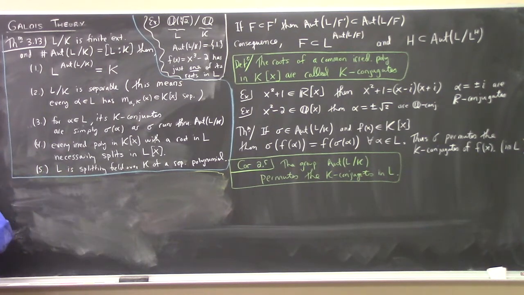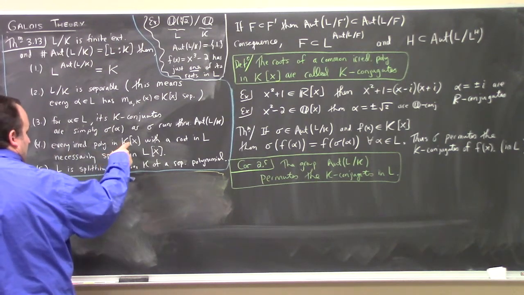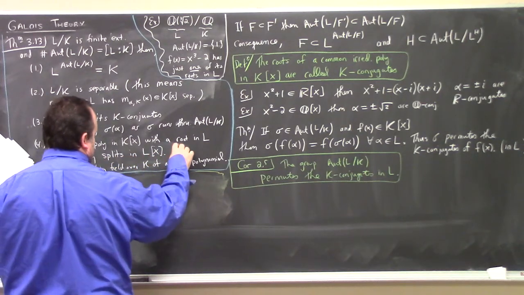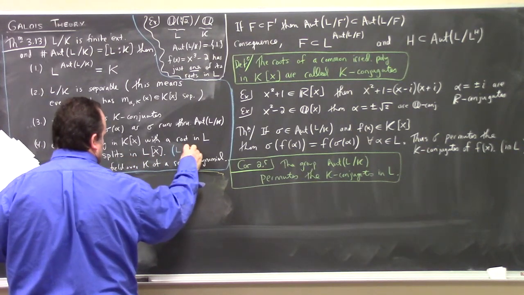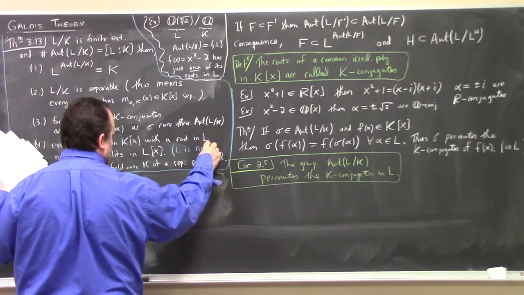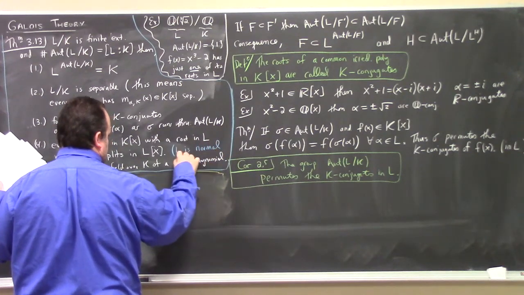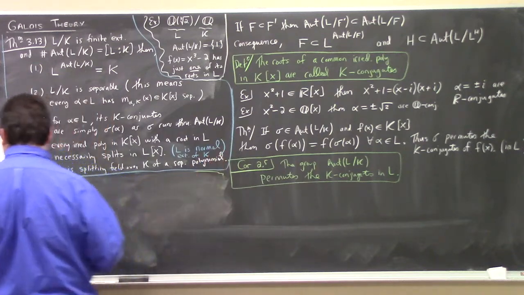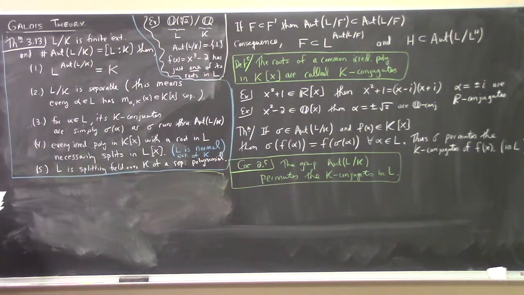If every irreducible polynomial in K with a root in L necessarily splits in L[x], this means that L is a normal extension of K, right? It's a normal extension.